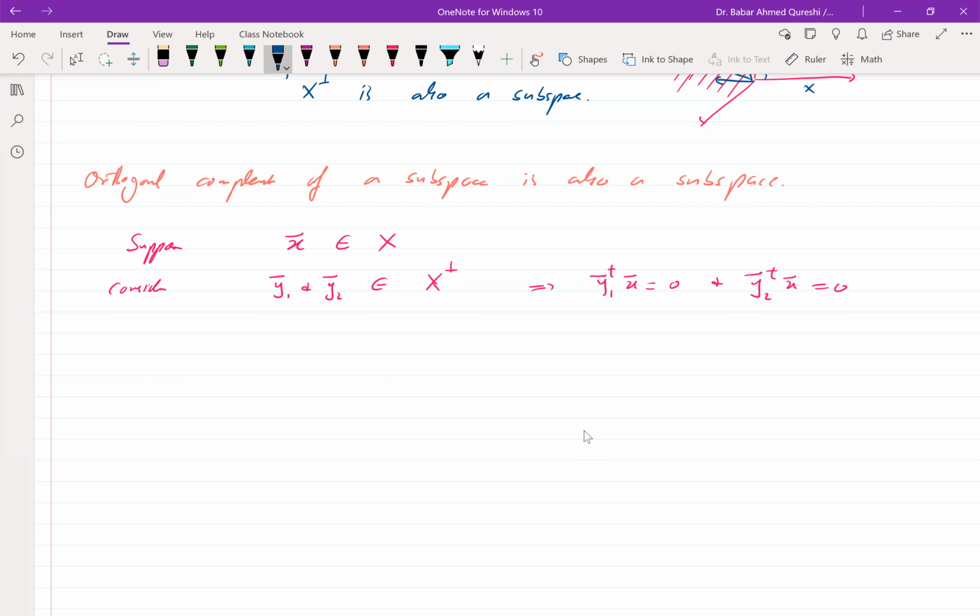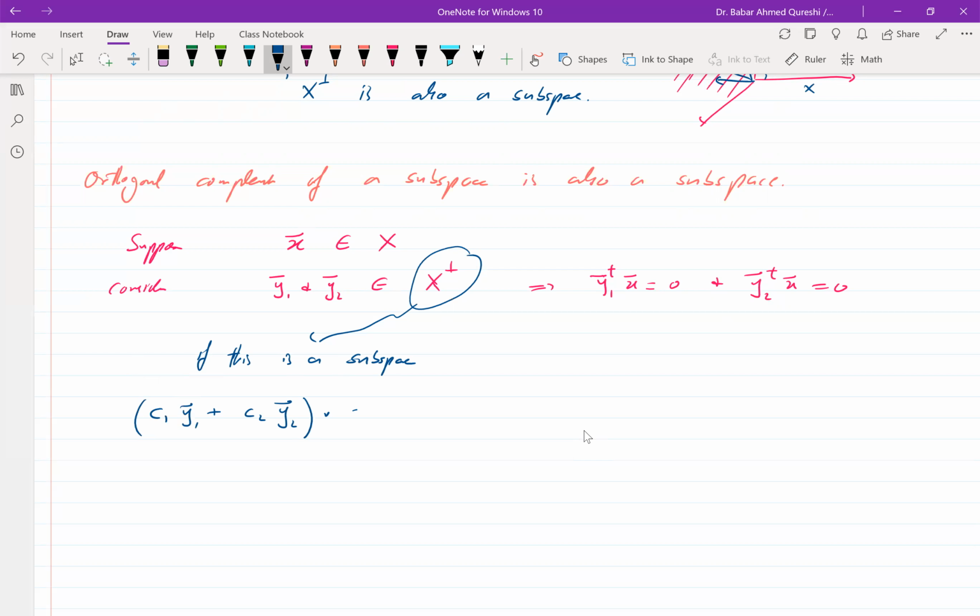So to check if this is a subspace, you have to check the usual thing. Make an arbitrary linear combination of two arbitrary vectors. Y1 and y2 are just arbitrary, they are nothing special, any ones you picked.